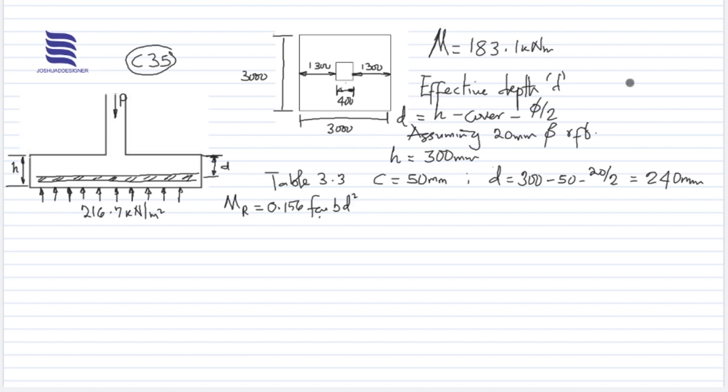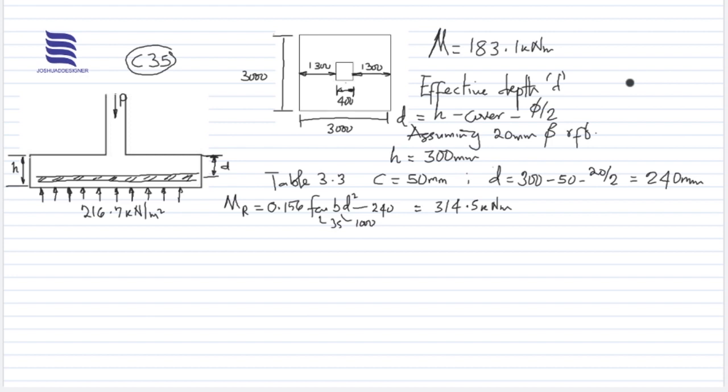So we know our FCU to be 35, our B to be 1 meter, and our D as obtained here to be 240. If we apply this, our solution should give 314.5 kilonewton meter.